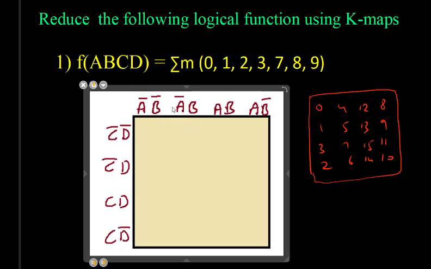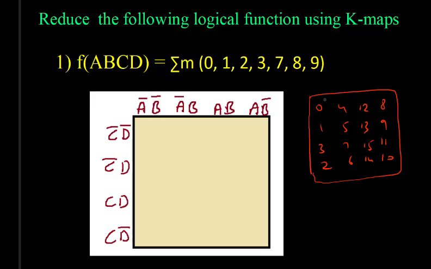So this is the SOP K-map. Now whatever these cell numbers are, I will mark them with green. This one is 0, then 2, 3, and then 7, 8, 9. These should all be 1, and the rest should all be 0.